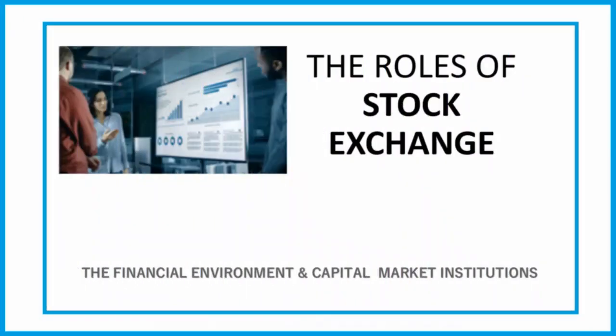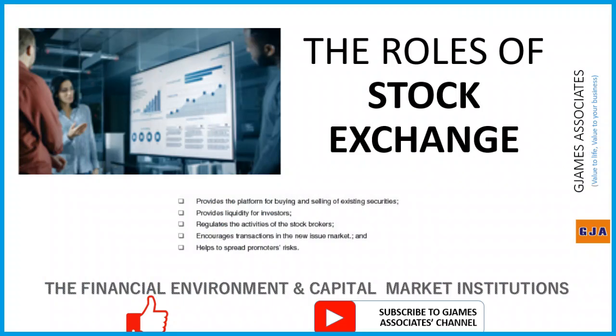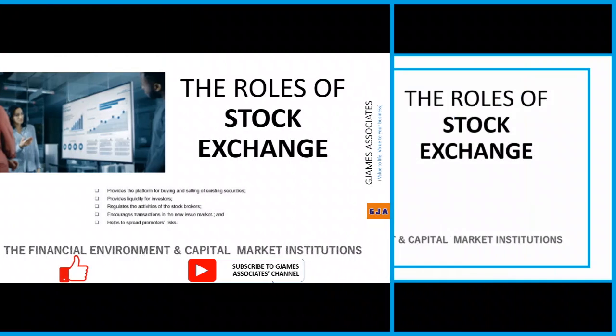The risk on their investment is spread, not concentrated on one organization, because if anything happens to such an organization, inevitably it's going to affect their investment. So stock exchange providing a lot of businesses and their stock being listed helps the promoters to spread their net.